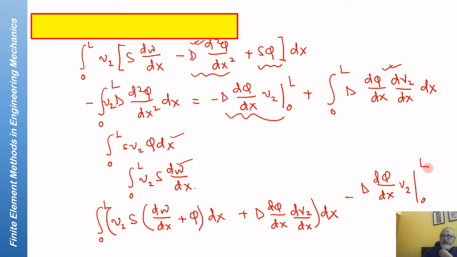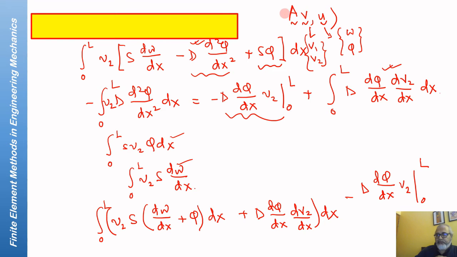So again, we don't need to worry about the boundary terms at this stage. We just need to see the volume terms, that is the 0 to L terms. In the 0 to L terms, if you now want to calculate a(v, u), u consists of w and phi, v consists of v1 and v2. So swap w for v1 and phi for v2.